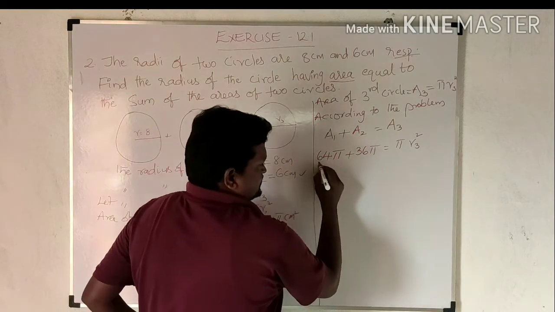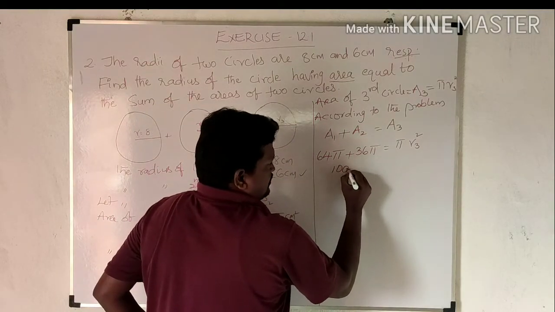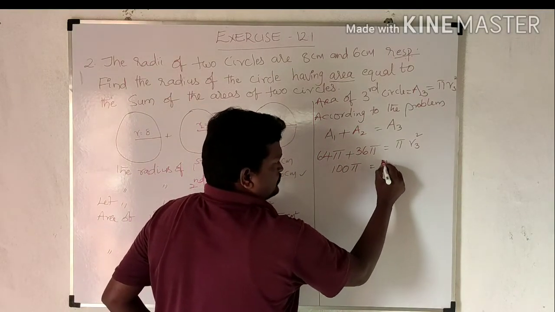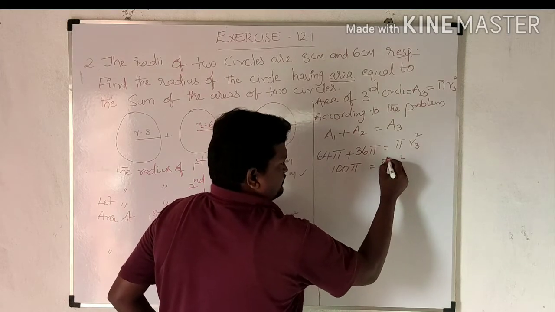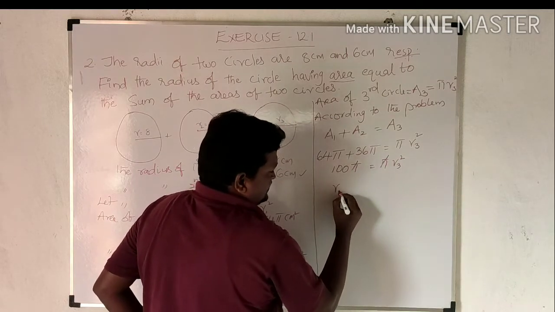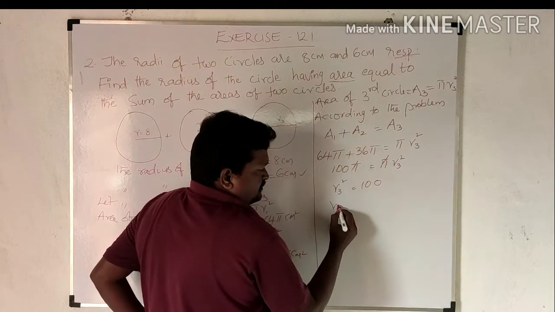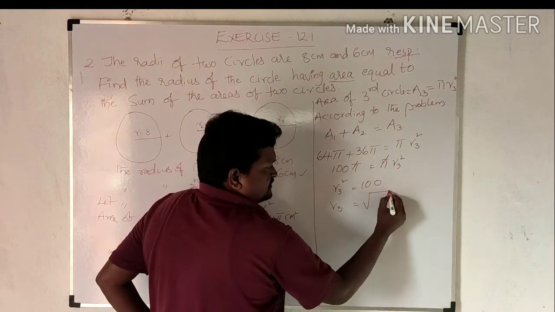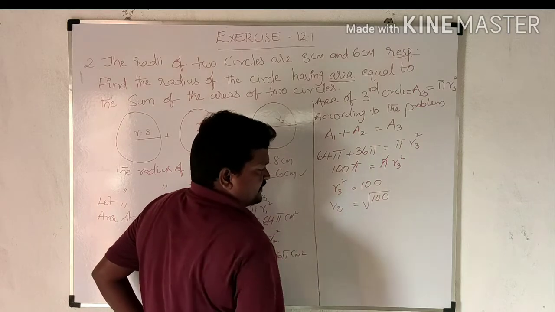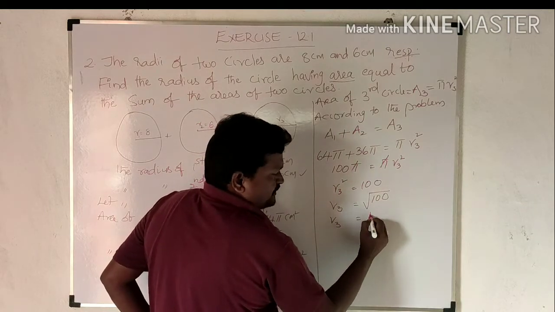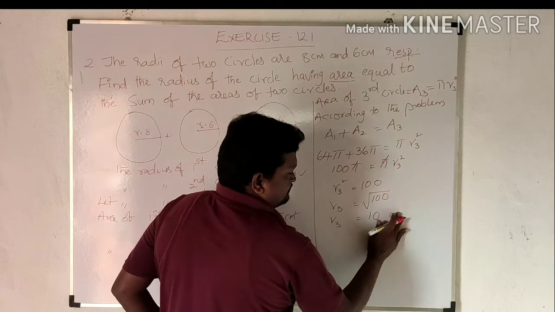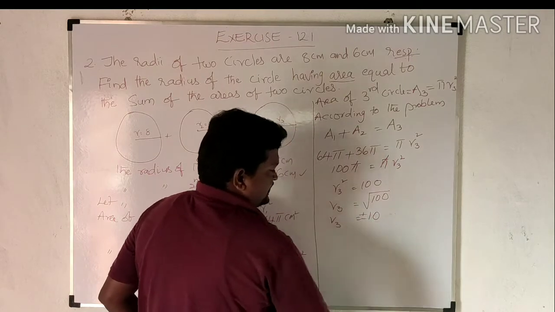Now 64 plus 36 is 100 pi, equal to pi R3 square. Pi gets cancelled. Then R3 square is equal to 100. Then R3 becomes, that square goes to the other side as square root of 100. We know that the square root of 100 is 10 centimeters, plus or minus 10.